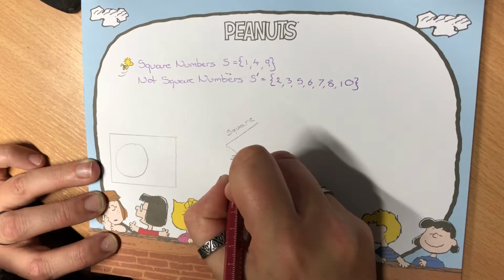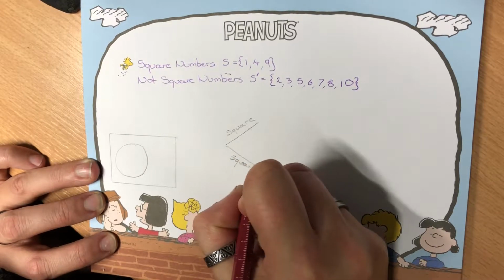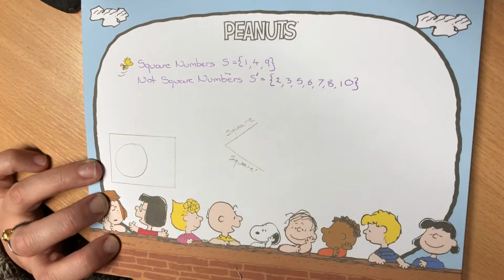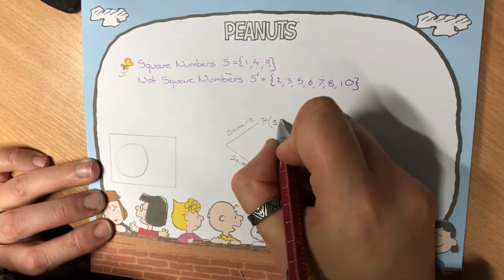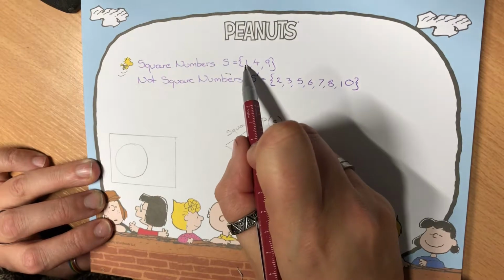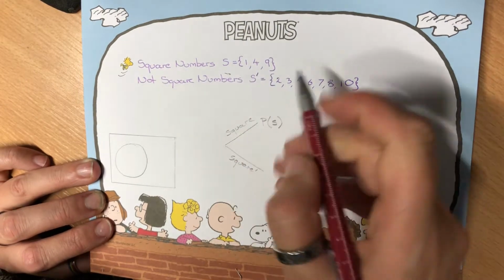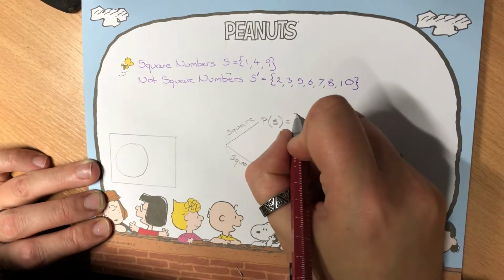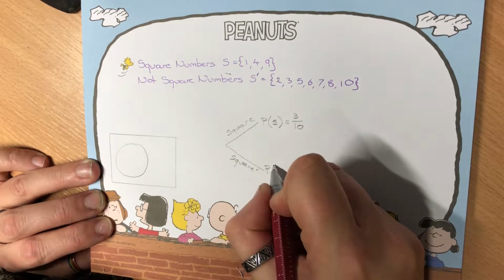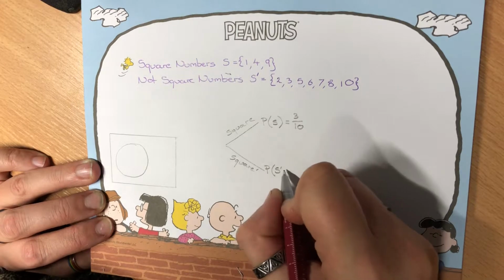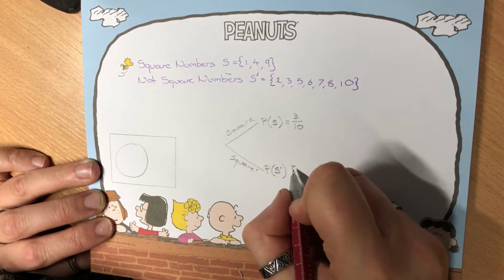So that would be S with a little dash. So the probability that a number is square out of the numbers 1 to 10 is going to be 3 out of 10.